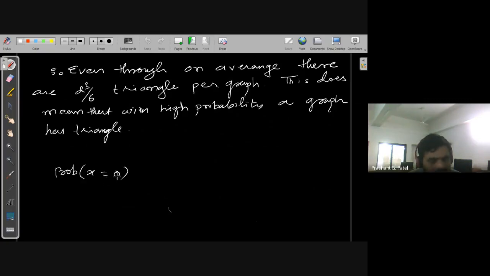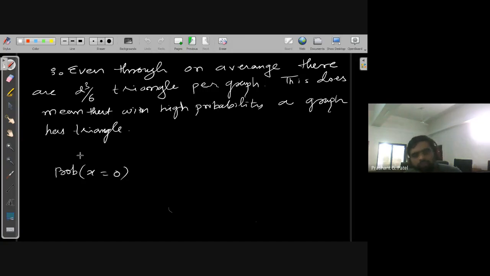If I can prove that, for that we need to see the second moment argument, where a small fraction of the graphs have a large number of triangles and the remaining graphs have none.